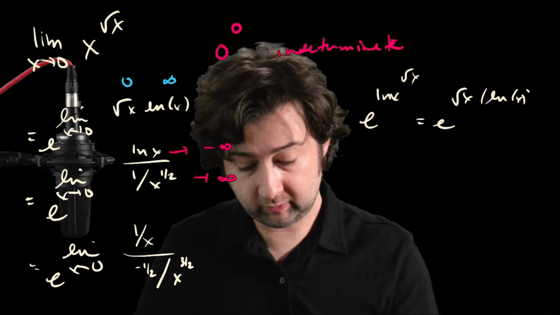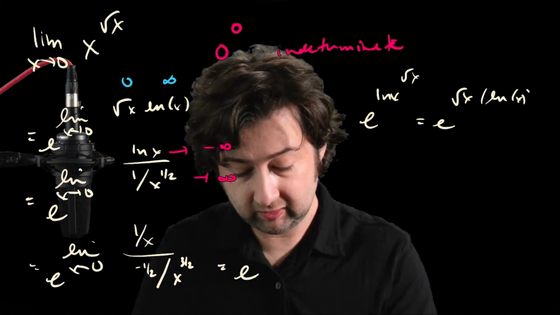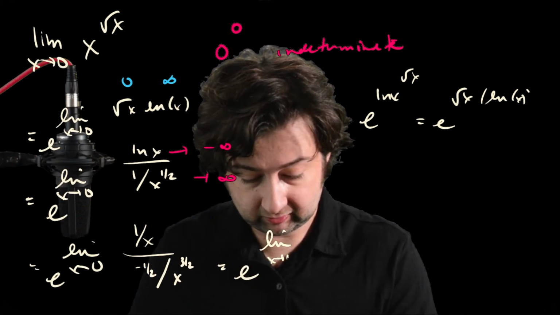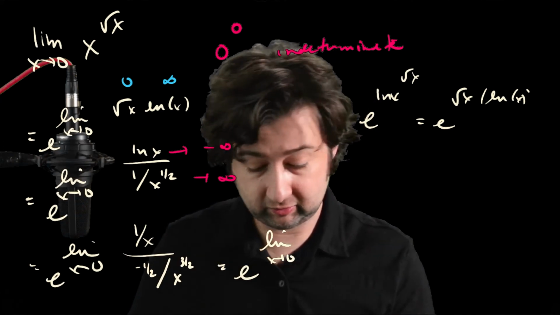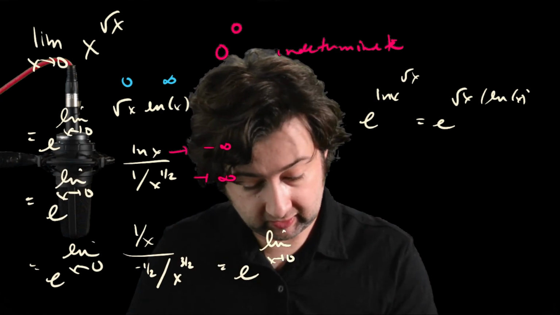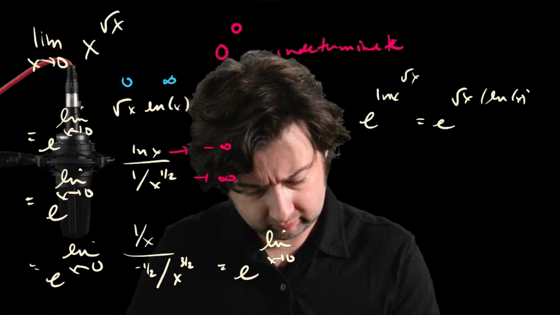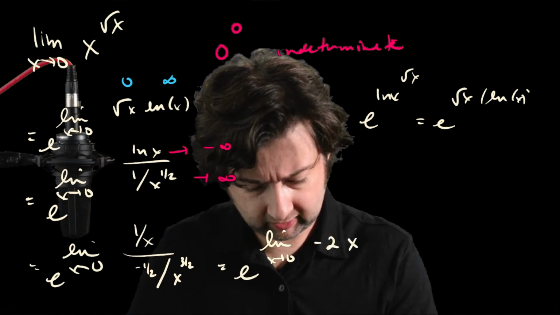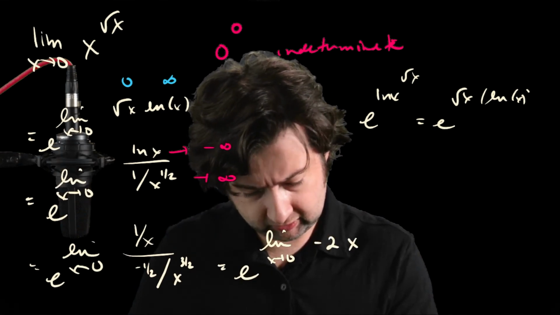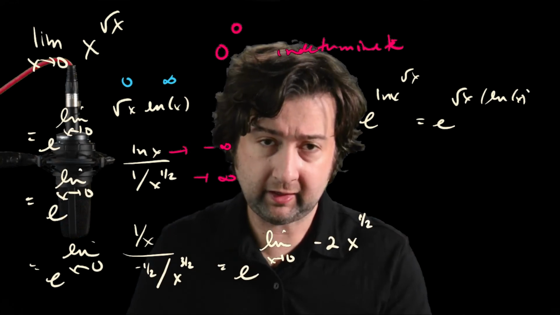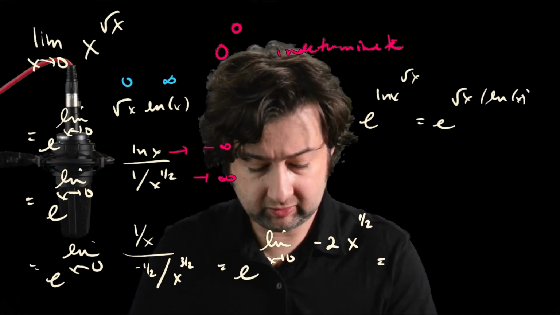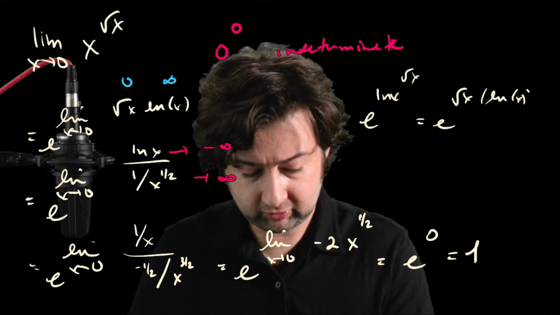And if I do some algebra on that, what I'm going to end up with is e to the limit as x goes to 0. You invert the fraction, you multiply through. What you're going to get is minus 2x to the 1/2. And that limit is continuous at 0, which means you get e to the 0, which is 1.